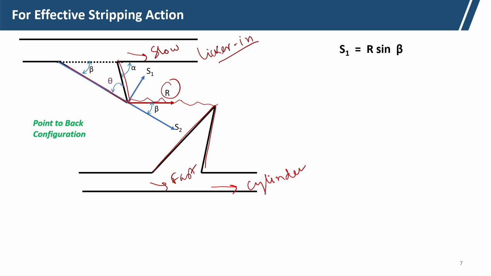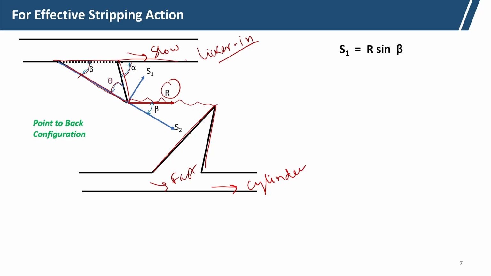Now, alpha is the angle of inclination or the front inclination, beta is the angle with the direction of the base, the outer surface of the wire point. Now, theta is this angle. So, theta can be correlated with alpha and beta.